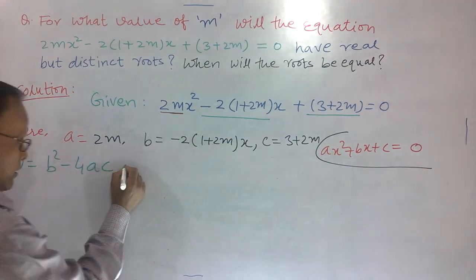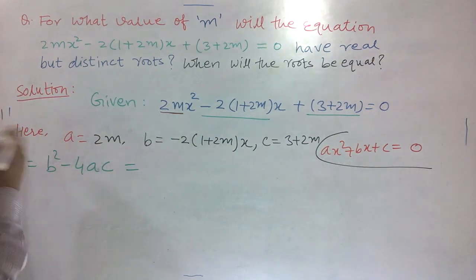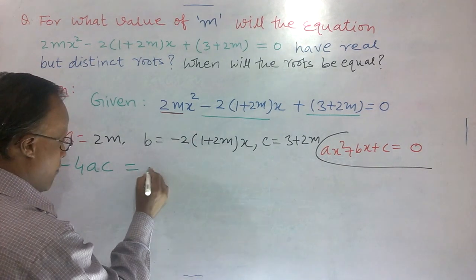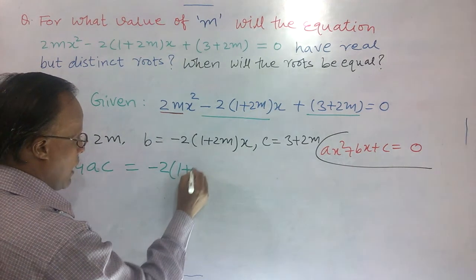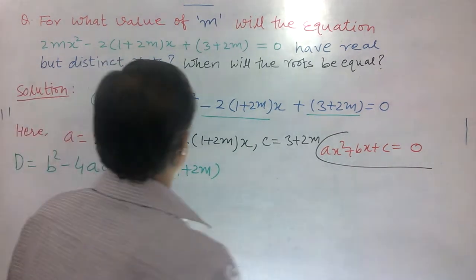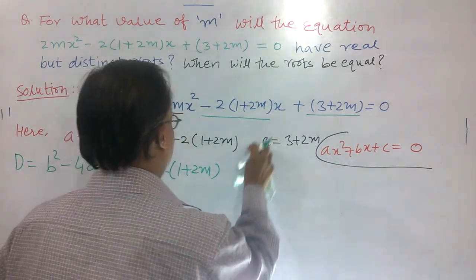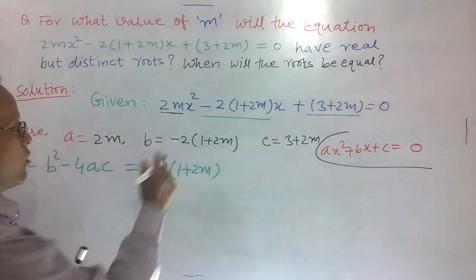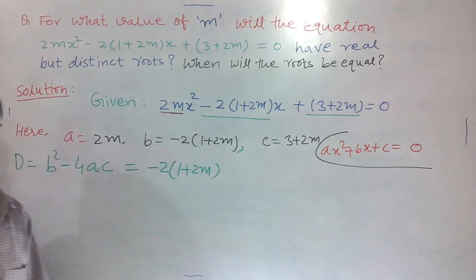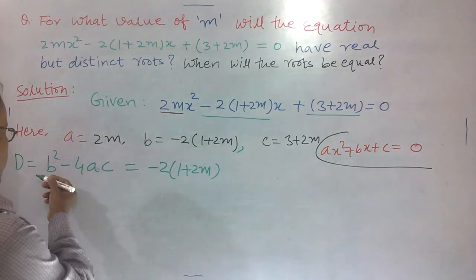So discriminant is equal to, value of b is minus 2(1 plus 2m). Here it is not the coefficient of x, this is your value of b. So value of b is minus 2 into (1 plus 2m), and b square.